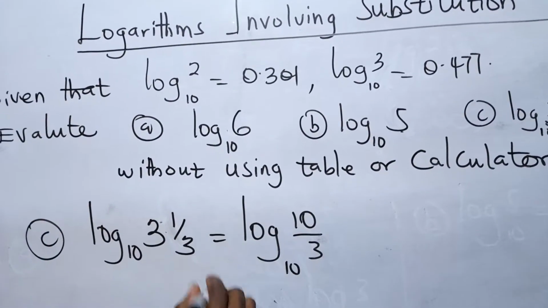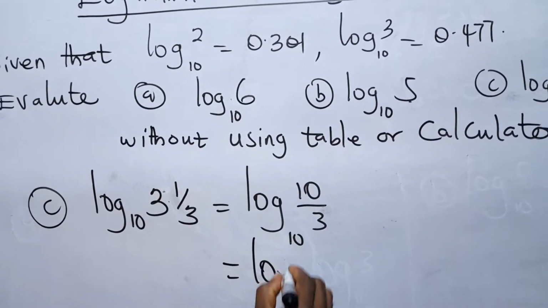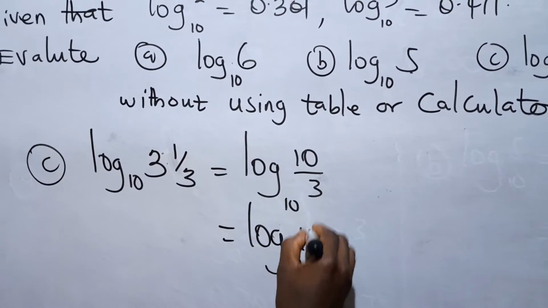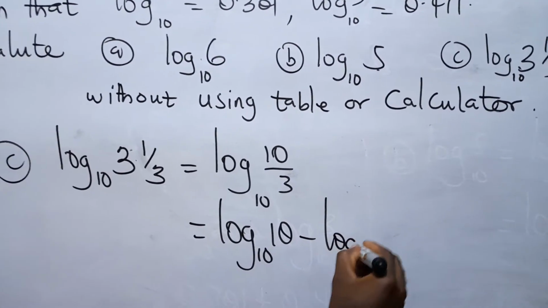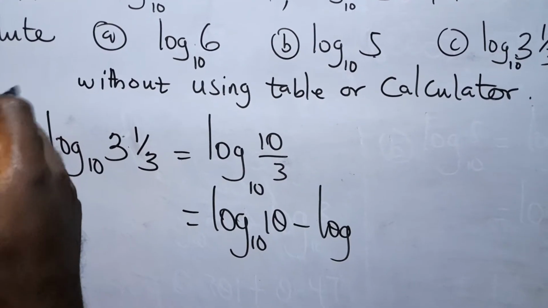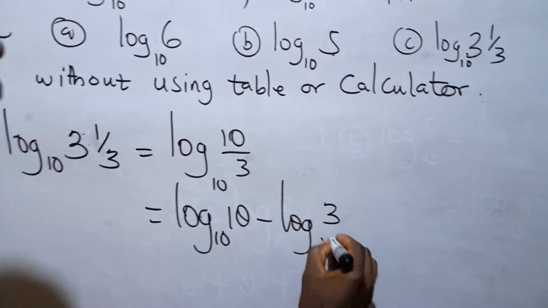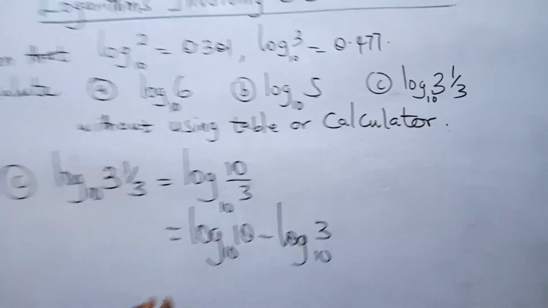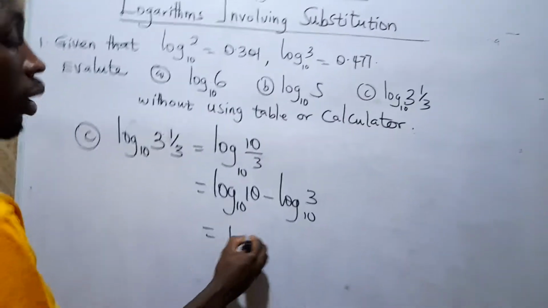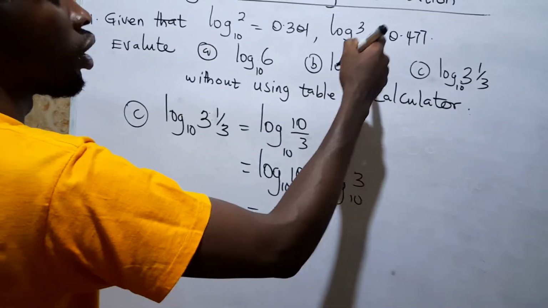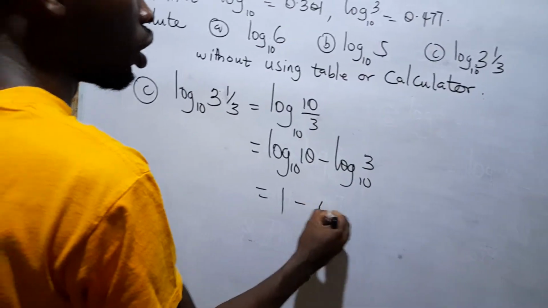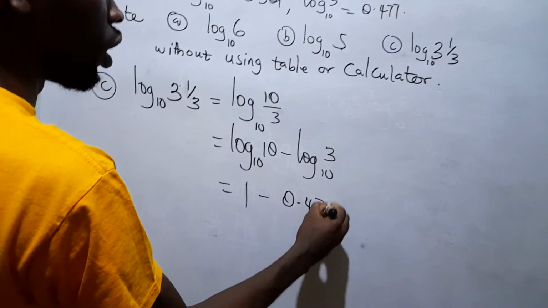So we can rewrite this, since they are divided, as log 10 base 10 minus log 3 base 10. Now a log to the same base is nothing but 1. Then minus log 3 base 10, which was given to be 0.477.